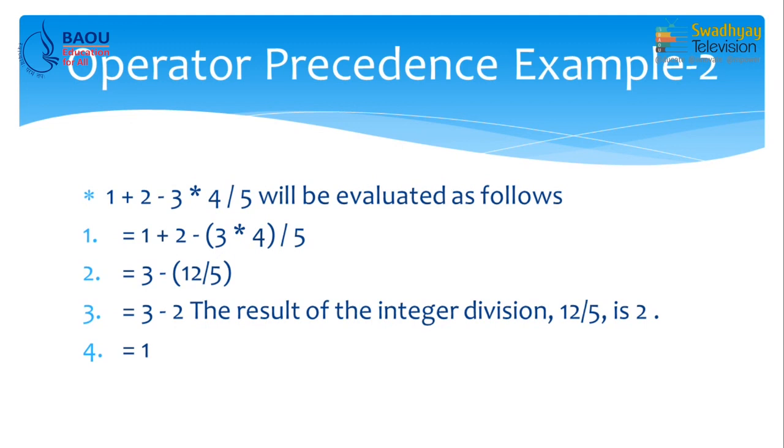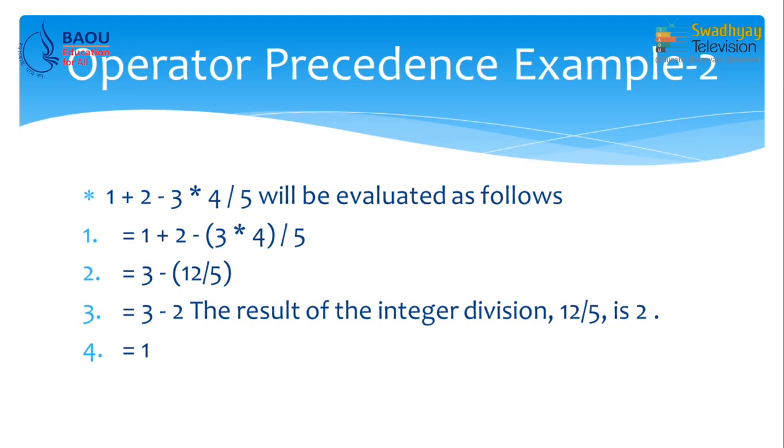So, we know that the multiplicative operators have higher precedence than additive. So, obviously multiplication and division will be evaluated first, but remember multiplication and division have the same precedence. So, what will happen? As we mentioned earlier, operators with the same precedence will be evaluated from left to right. So, 3 * 4 is evaluated first. In the first line you can see 3 and 4 is evaluated, and then whatever answer we get will be divided by 5.